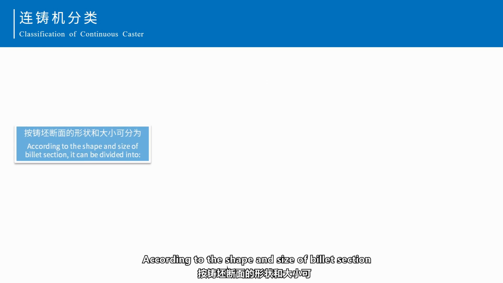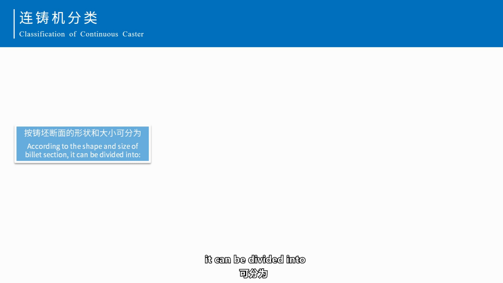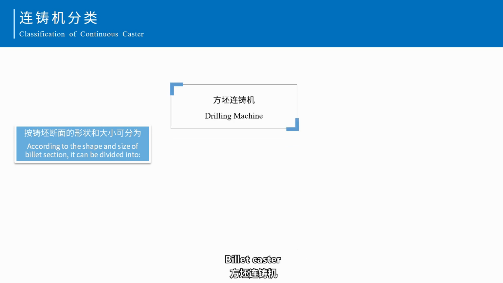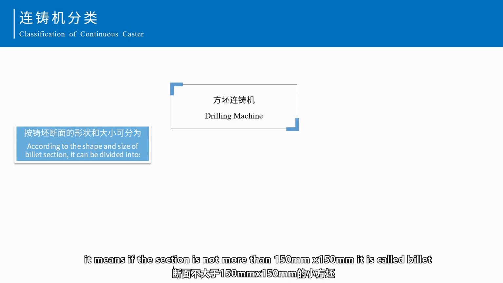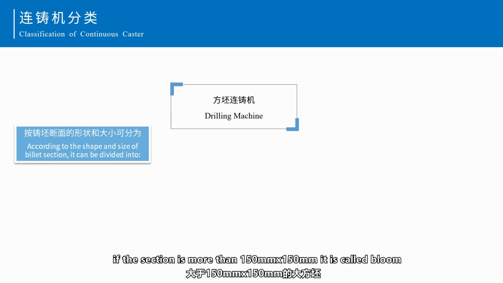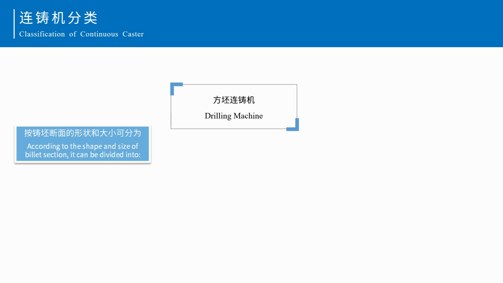According to the shape and size of the billet section, it can be divided into billet caster. It means if the section is not more than 150 mm x 150 mm, it is called billet. If the section is more than 150 mm x 150 mm, it is called bloom.